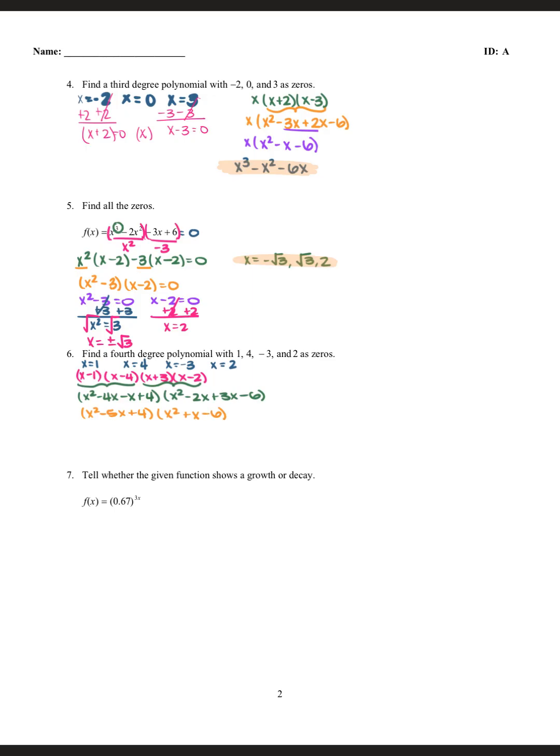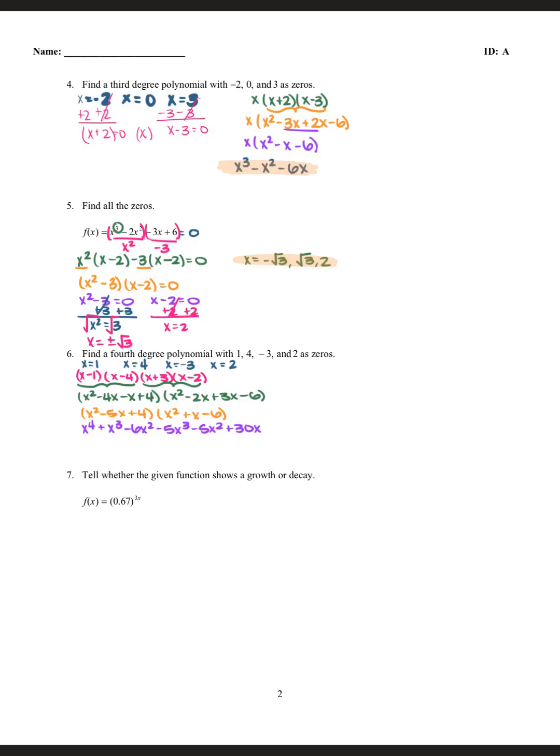So now from here, we're just going to multiply these out. So we're going to start with the x squared, distributing it into the second set of parentheses to get x to the 4th plus x cubed minus 6x squared. Then we're going to do the same with the negative 5x to get negative 5x cubed minus 5x squared plus 30x.